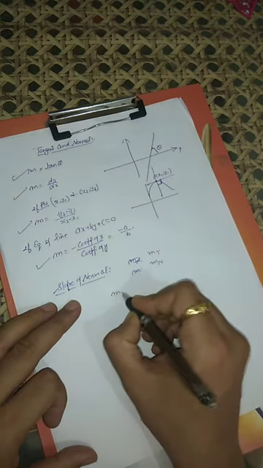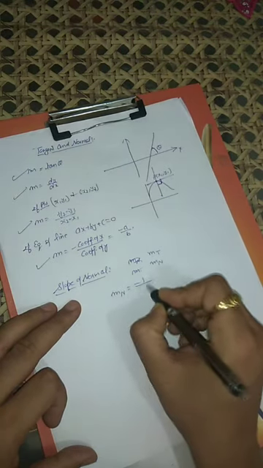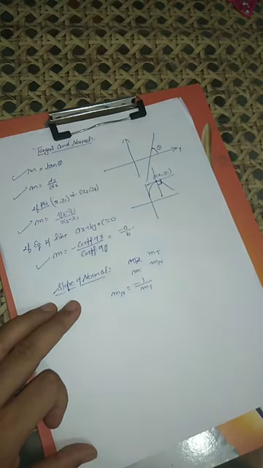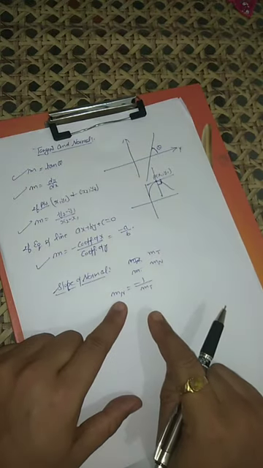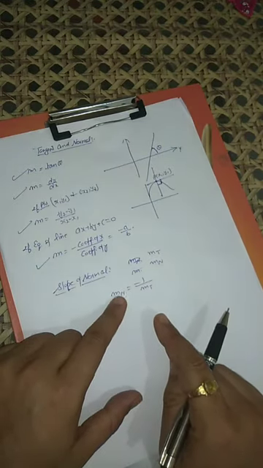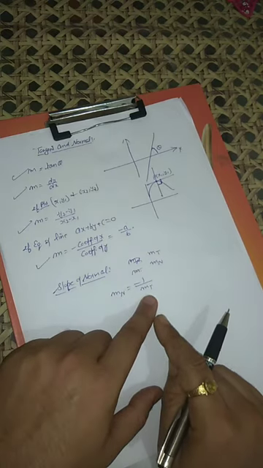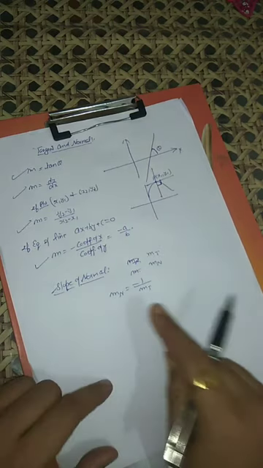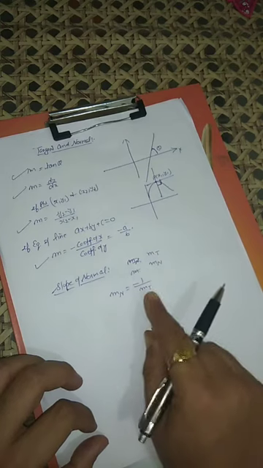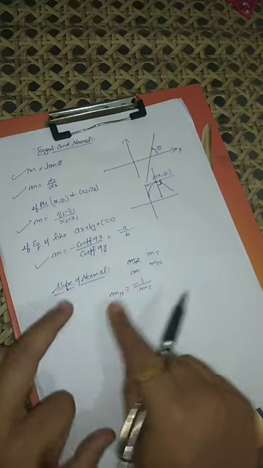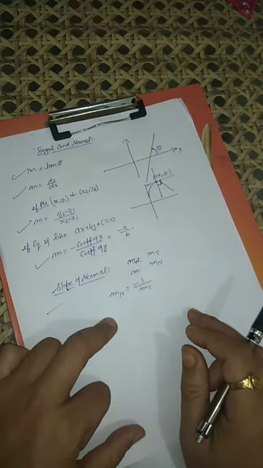So mn is equal to minus 1 over mt. So if we have to find out slope of normal, then first of all I have to find out the slope of tangent, and then slope of normal will be minus 1 over slope of tangent.